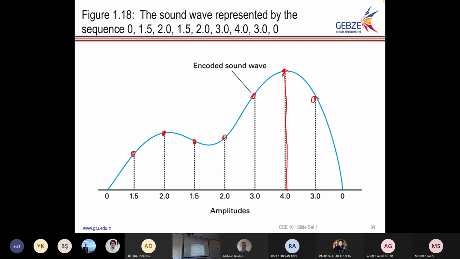So measuring is said to be named as sampling, and converting that sample to a quantity that is in binary is said to be quantization.